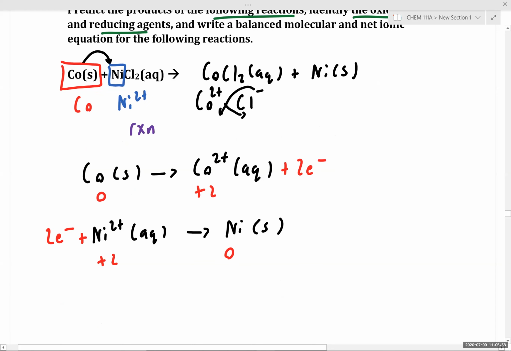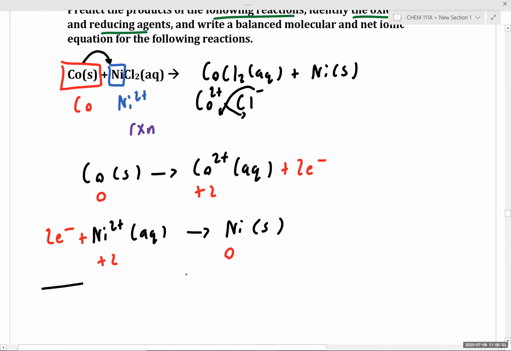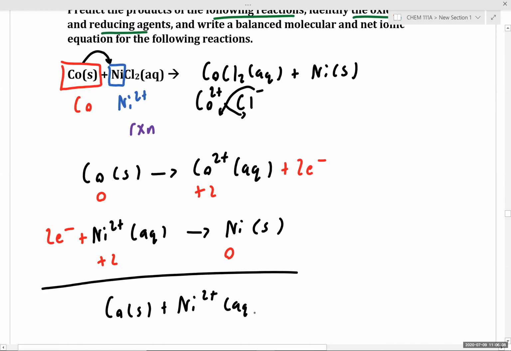And as we can clearly see, when we add these half reactions together, that gives us cobalt solid plus nickel 2+ aqueous leads to cobalt 2+ aqueous plus nickel solid.